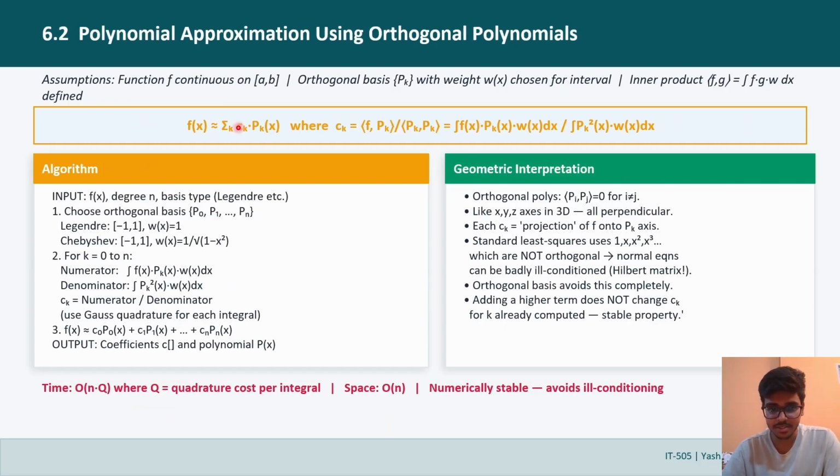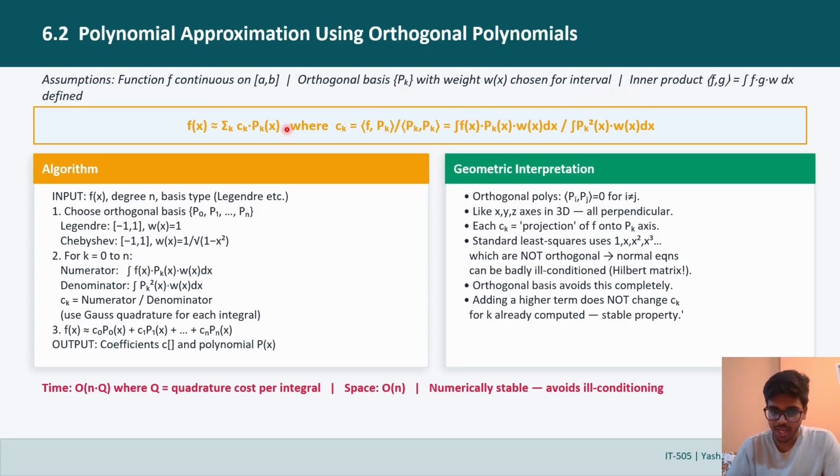Polynomial approximation using orthogonal polynomials. Assumptions: f is continuous on the interval from a to b. We choose an orthogonal polynomial basis such as Legendre polynomials for the interval -1 to 1. An inner product is defined using a weight function w of x.